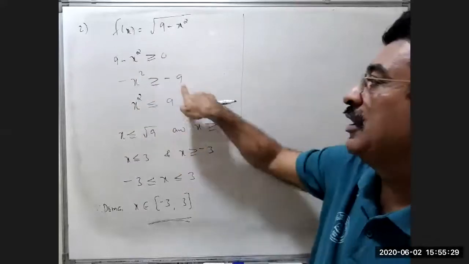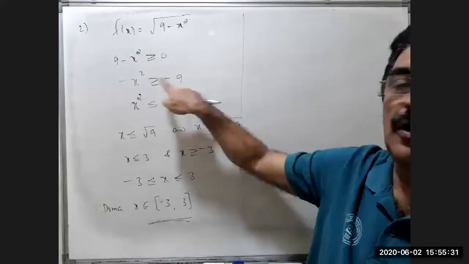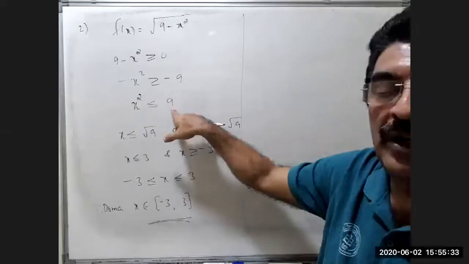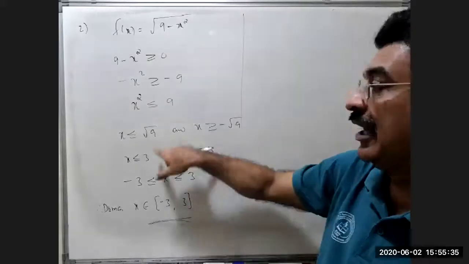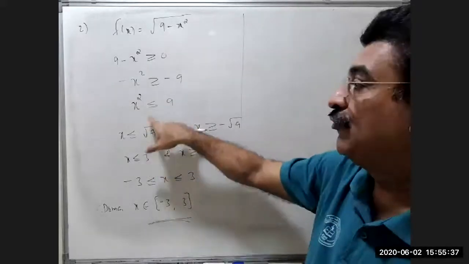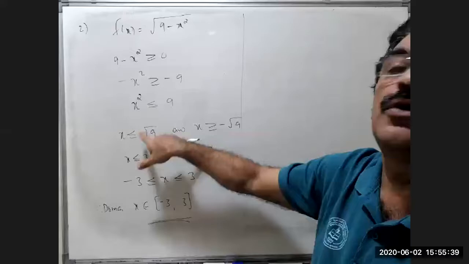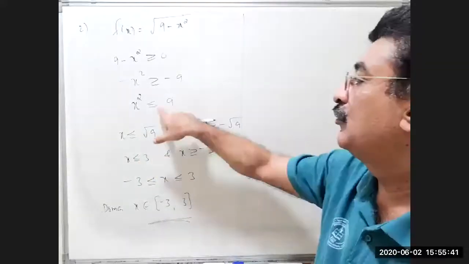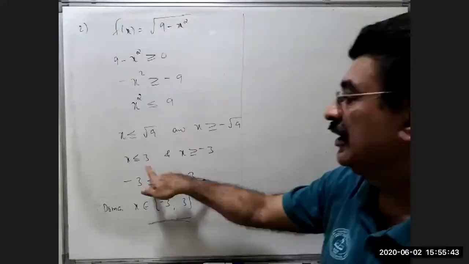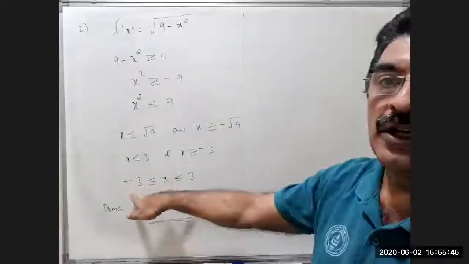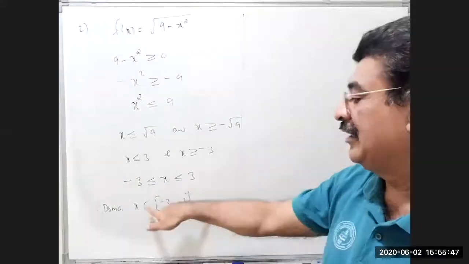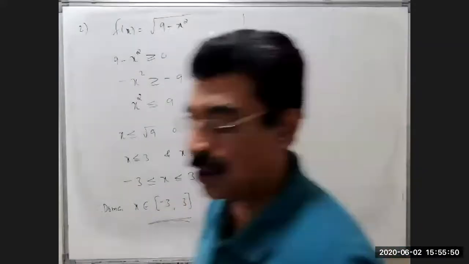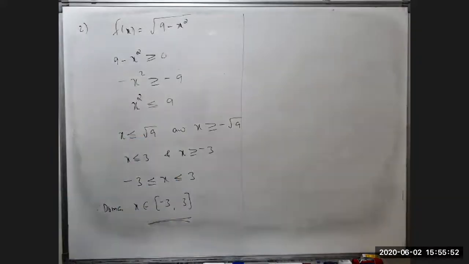We took 9 to the other side, changing sign on both sides, the inequality will reverse. We use that property. Again, while taking the square root, for the positive square root, same inequality, for the negative square root, opposite inequality. We combine these two results. Minus 3 less than or equal to x less than 3 means x belongs to minus 3 to 3.